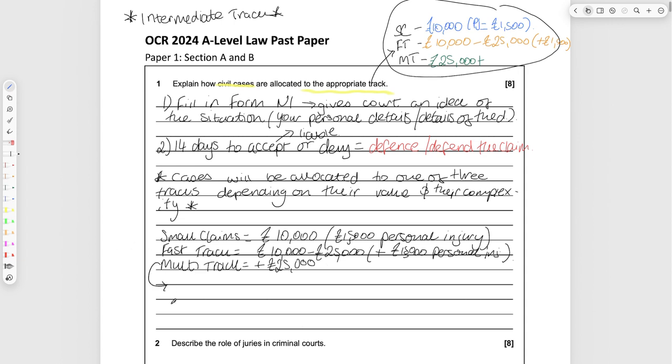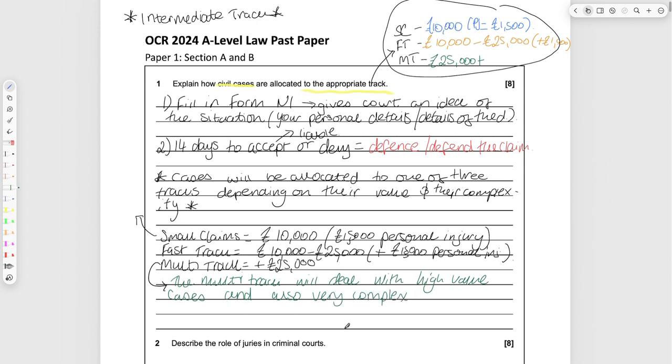You could probably also make a note here on the multi-track, if you wanted to talk about the small track as well, being the starting point. So I'd maybe make a note about the multi-track. The multi-track will deal with high value cases and also very complex cases.